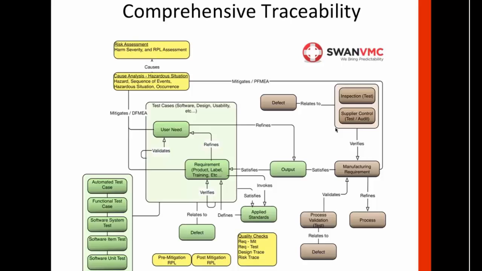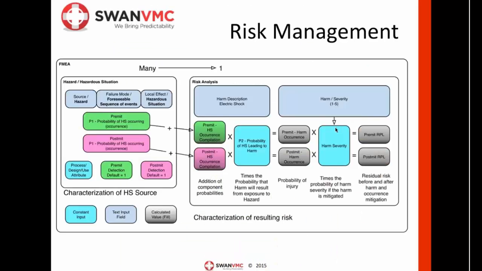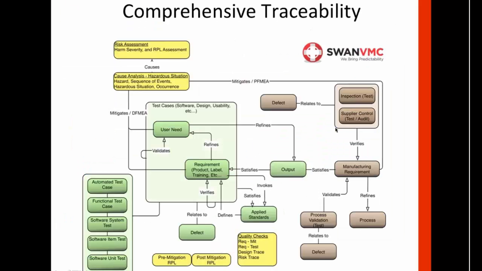So let's go to the next step. So I'll just go back for a sec. These two work items, the hazardous situation and the risk assessment, are the subject of quite a bit of discussion in companies.